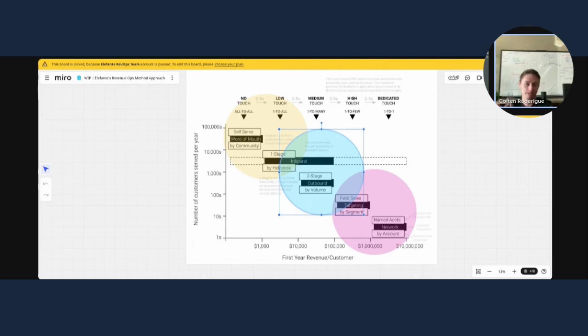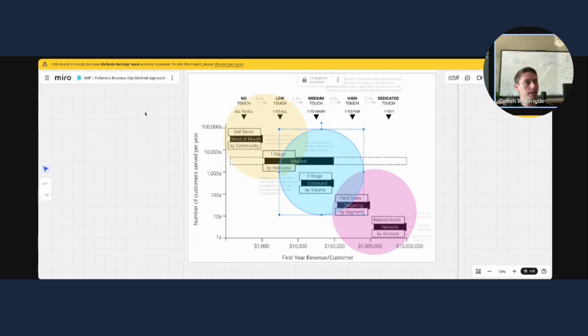There's no sales team. There's really no human interaction with the customer at all. So that's a no touch go-to-market motion. And what we would do is create that as a buyer's journey inside the bow tie model. So that's one buyer's journey in the bow tie model.